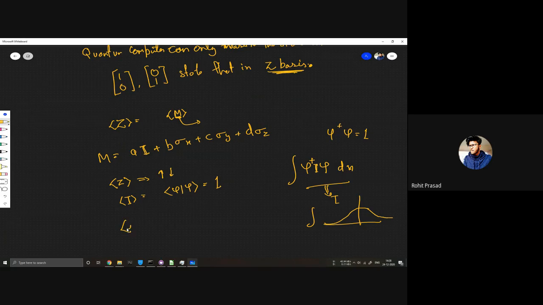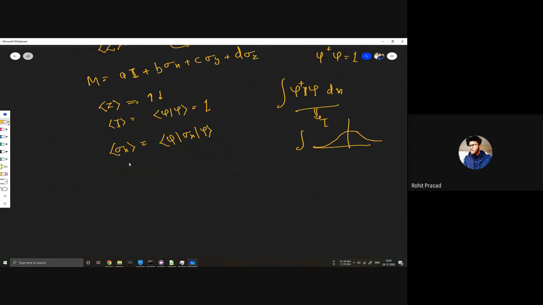What about sigma x and sigma y? What we want is their expectation values, but we can only measure in the Z direction. So we can do one thing where we transform this. Let's say sigma x is 0, 1, 1, 0.